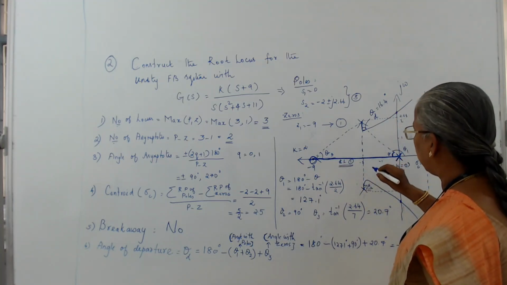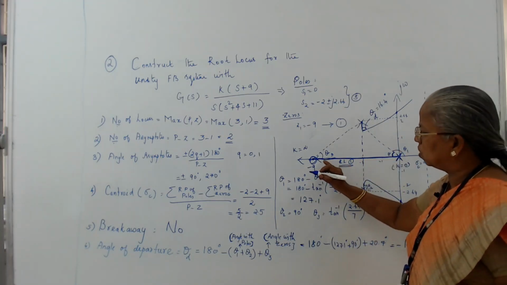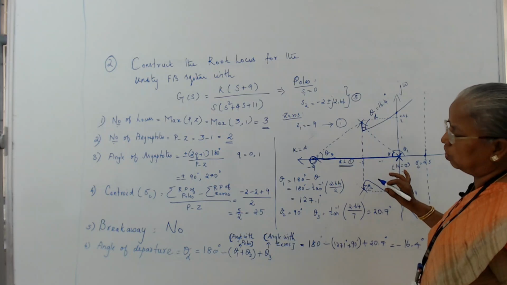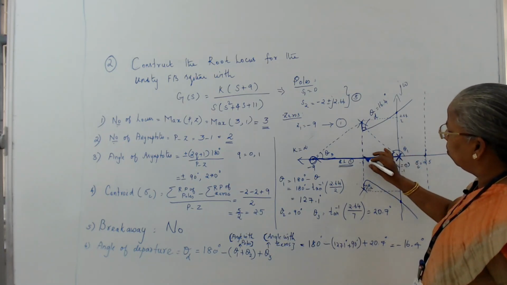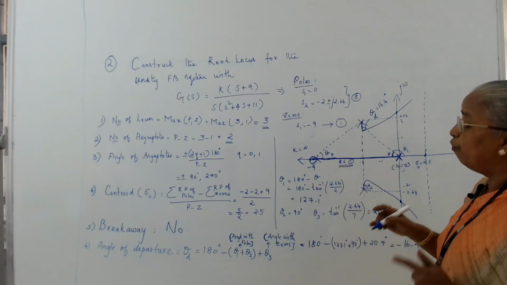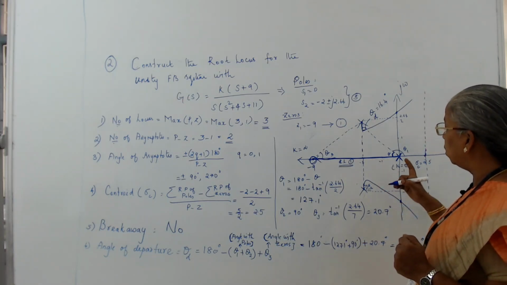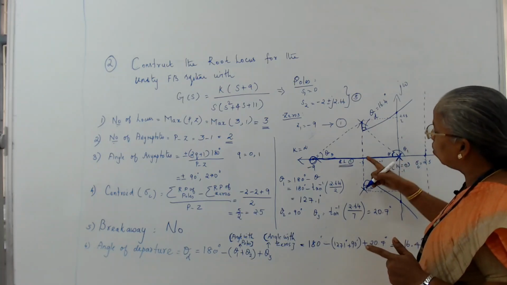It exists, so there is no chance for breakaway on the real axis. This is one of the root locus that will exist, so no breakaway will happen. Breakaway will happen only where my root locus starts at a pole and the end is also at a pole.